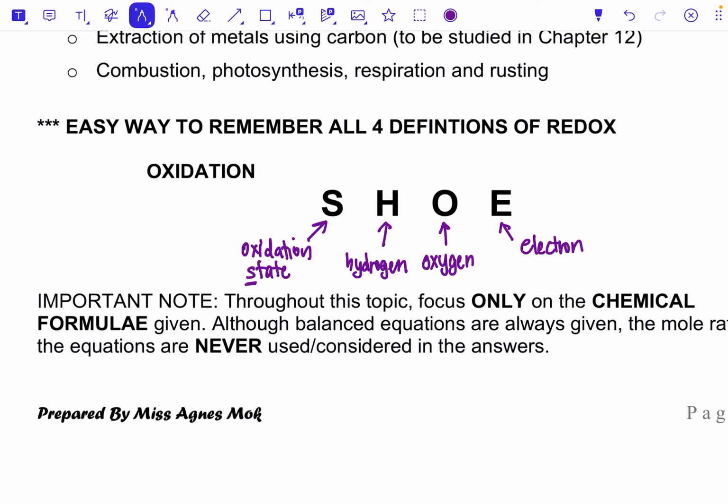I think this word oxidation state doesn't make any sense to you, right? Never mind. You just take a look at how I define the 4 letters first. Then I need you all to help me out with something. Above the SHOE, can you write down plus, minus, plus, minus?